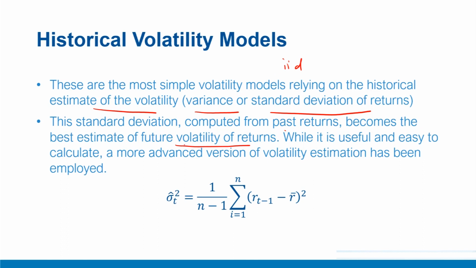This model is very useful and easy to calculate. For example, the variance is nothing but the sum of squared deviations from the mean divided by n minus 1. In some theoretical treatments you use n, while n minus 1 is more of a sample characteristic to get a more unbiased estimate of volatility, because generally it is assumed that we are working with samples, not the population of returns.